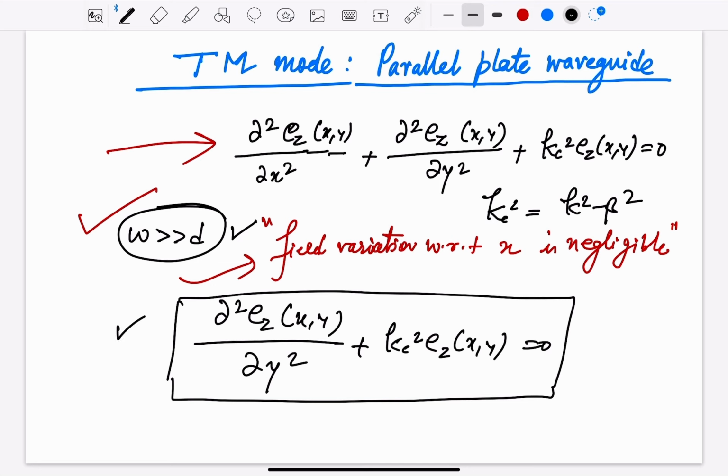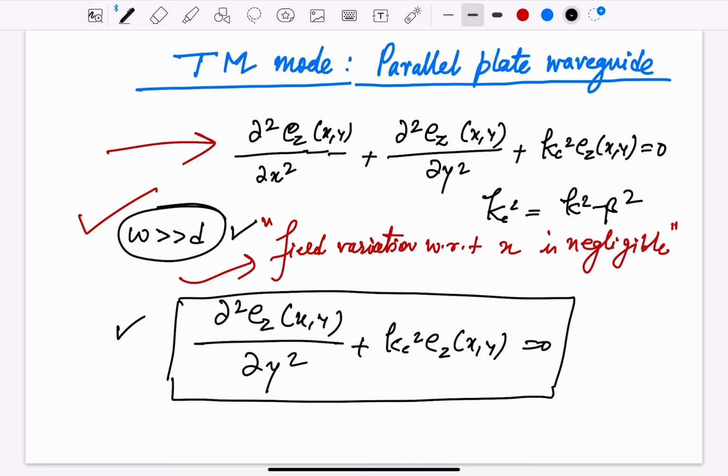If you differentiate once again, this is j beta over kc, A_n cos n pi y by d e to the power minus j beta z. So right now we have all the components here.